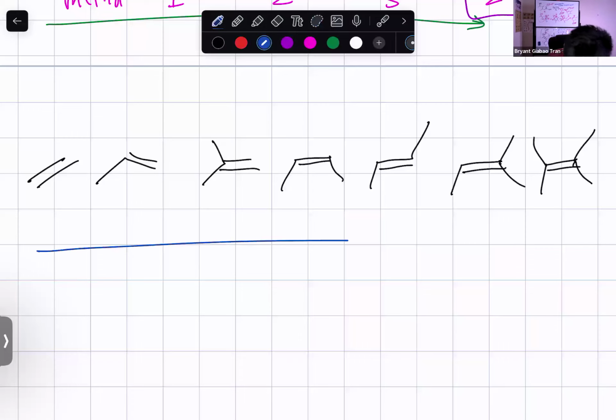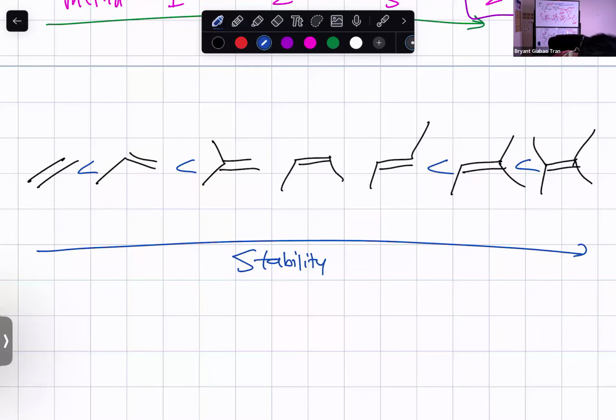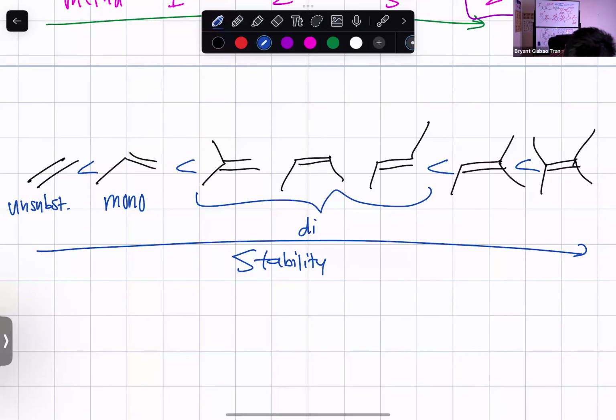The more substituted the alkene is, the more stable the alkene is going to be. Now, this is an unsubstituted alkene. This is a mono substituted alkene. These 3 here are your di-substituted alkenes. This is your tri-substituted alkene, and this is your tetra substituted alkene.